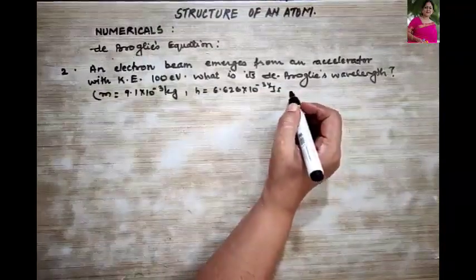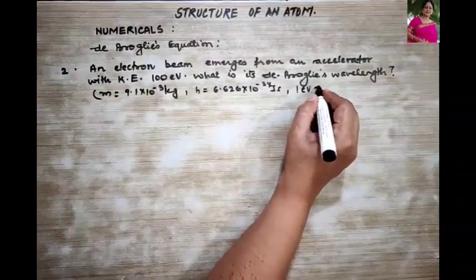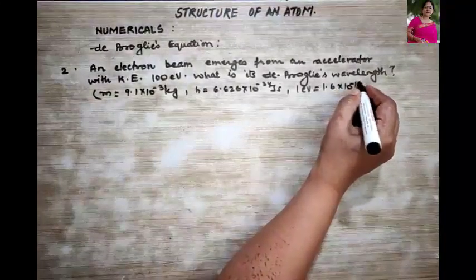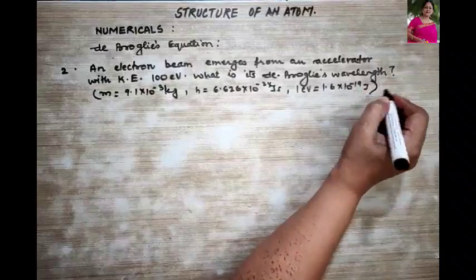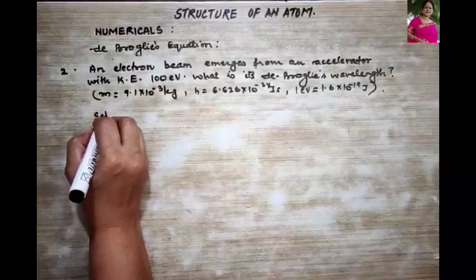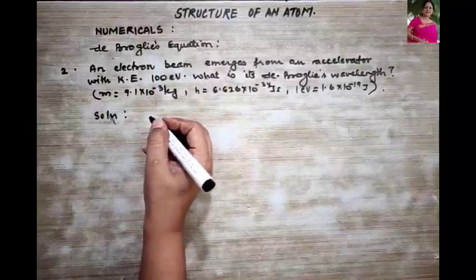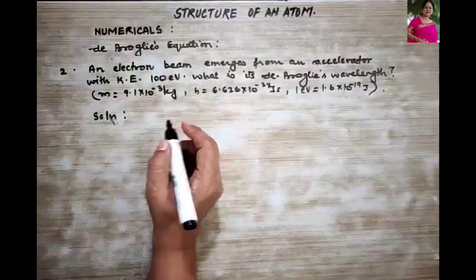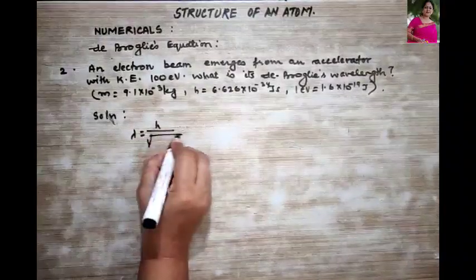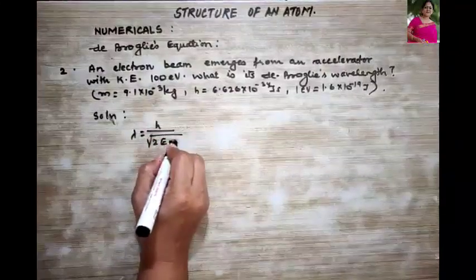Then what else do we know? In the question it gives 1 electron volt is equal to 1.6 into 10 to the power minus 19 joules. Okay, this is provided in the question. So let us begin how to solve this question. Right, so write down the formula first. That is, wavelength is equal to h upon under root 2Em.